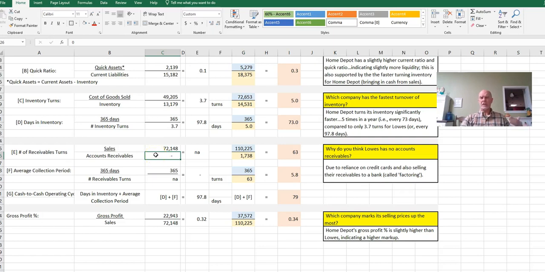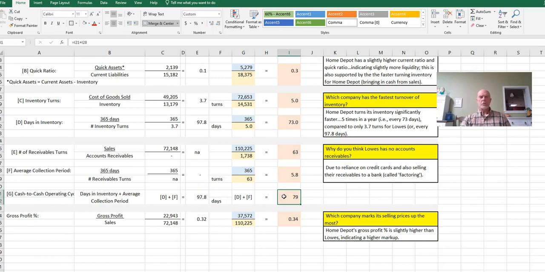So Lowe's does not carry the receivables, and Home Depot carries a very small portion. So their receivables turnover is extremely fast. So if we add the receivable days to the inventory days, we can get a comparison of their operating cycle that we had mentioned before.